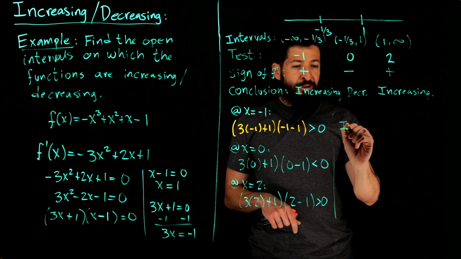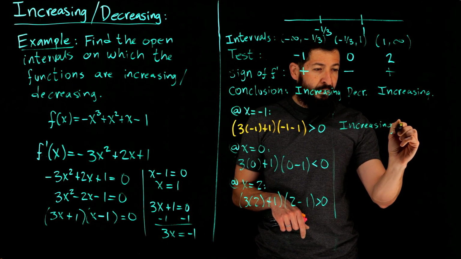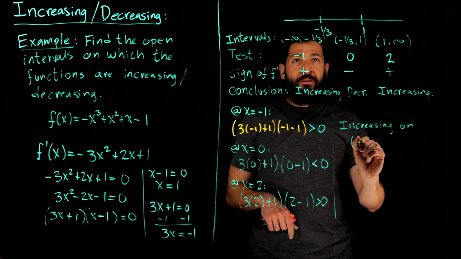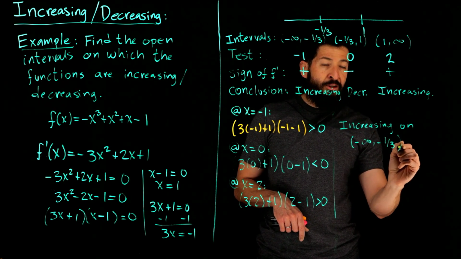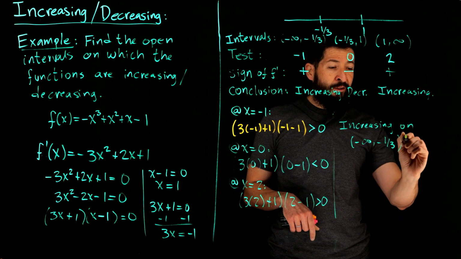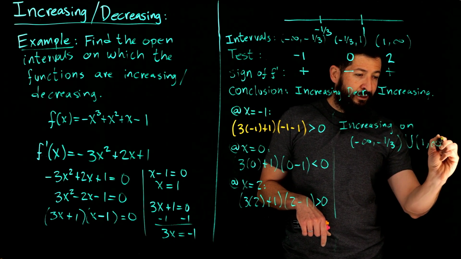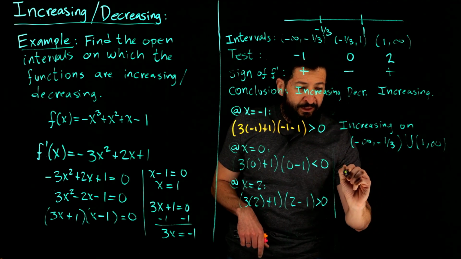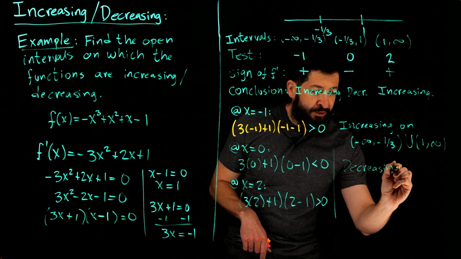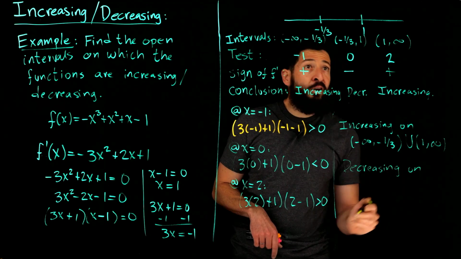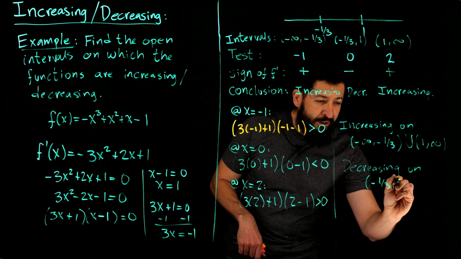The function will be increasing on the first interval, from negative infinity to negative 1/3. And then you're going to say, I also need this interval, so I'm going to do a union 1 to infinity. And for the decreasing, the function will be decreasing on the open interval negative 1/3 to 1.